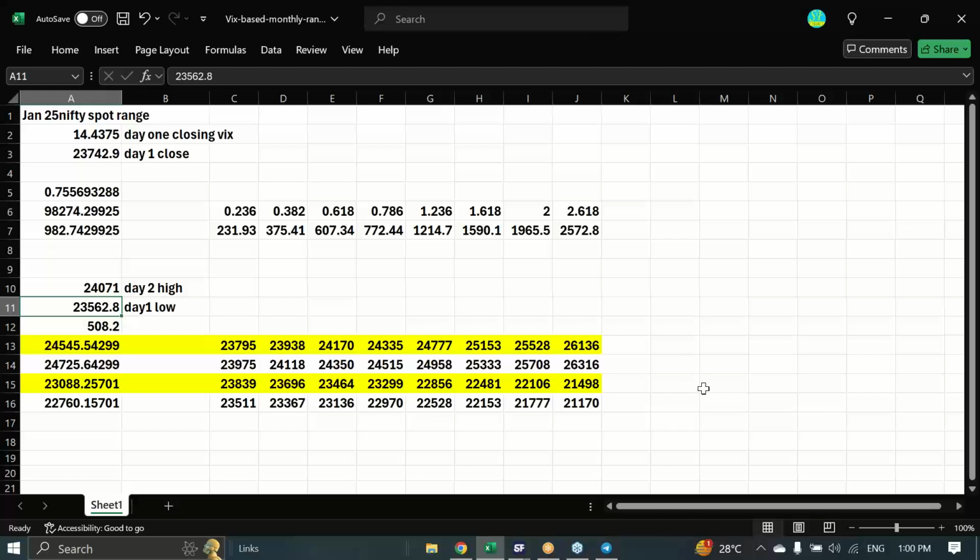But since this is being given with calculation, there is nothing wrong in taking a picture of this, whether the 982 points are coming or not by the end of January. Take a picture of this and introspect at the end of January. Test whether it has been achieved or not. If it has, next month you yourself can calculate the way I have explained it. By this process only you can enhance your skill, and by this process only you will be successful in the trade.